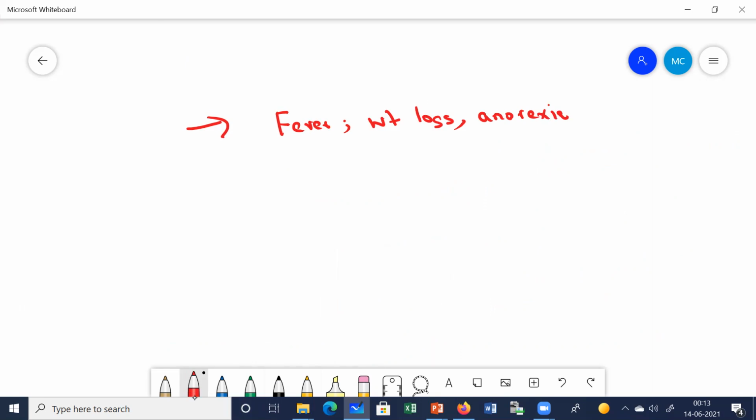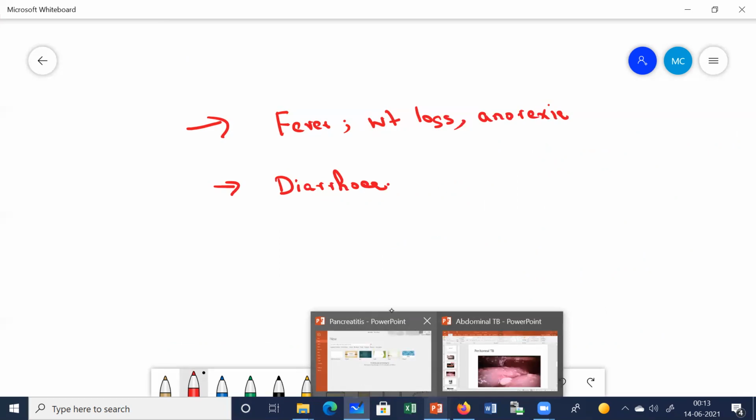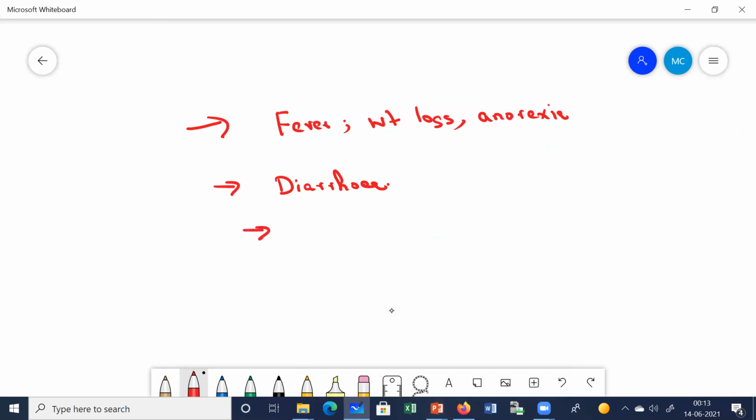Apart from this, since the intestine and these structures are involved, the patient will have diarrhea or constipation. Usually the patients suffer from diarrhea. And what else? Slowly, when the lymph nodes start getting involved, the patient starts complaining of colicky abdominal pain.